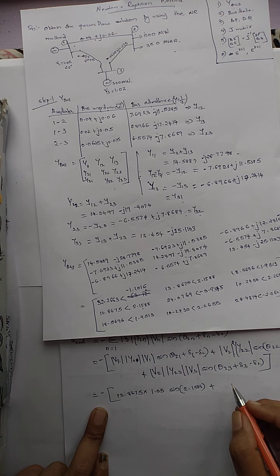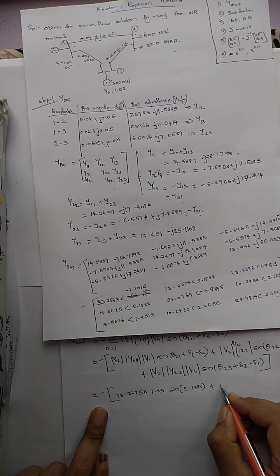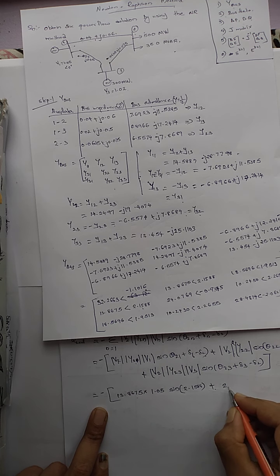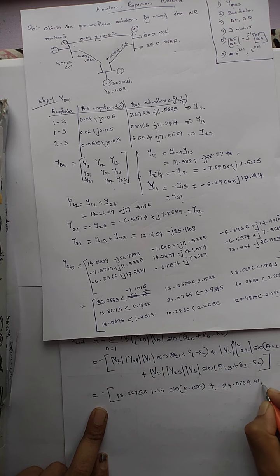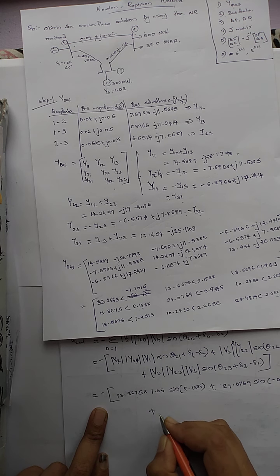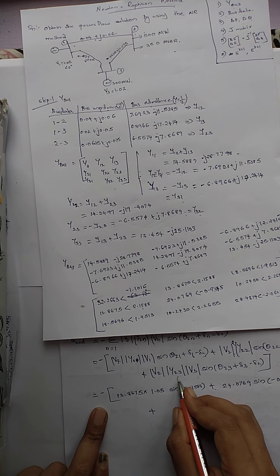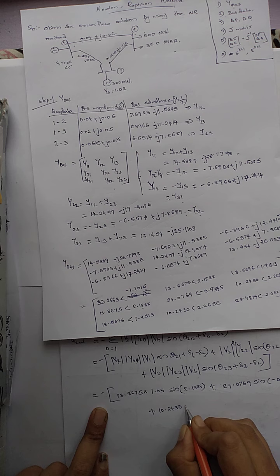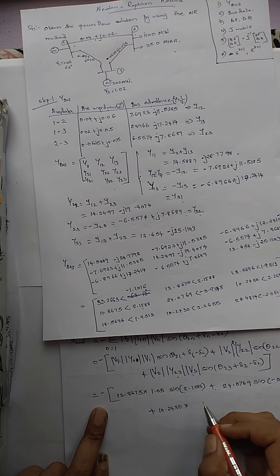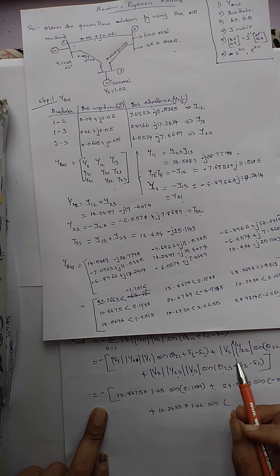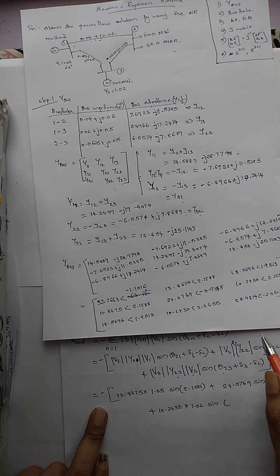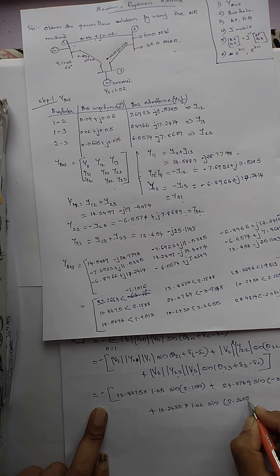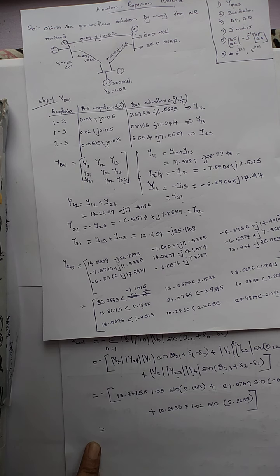V2 value we assumed as 1, so I am ignoring it, plus Y22 is 24.0769 sine of minus 0.9375, plus V2 value is 1, and Y23 value is 10.2430 into V3 value, which in the question is given as 1.02, into sine of theta 23, which is 2.2655. So this will be the corresponding reactive power.